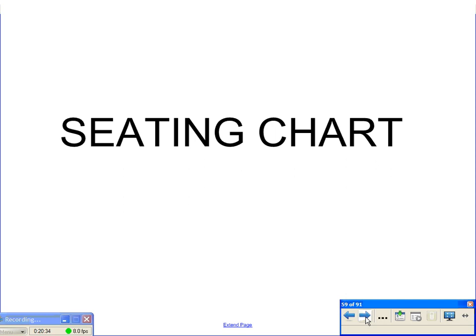You're going to have a row number, or actually, first we would have a section number. And then what row you're in, and then your seat number. This is a quantum number.